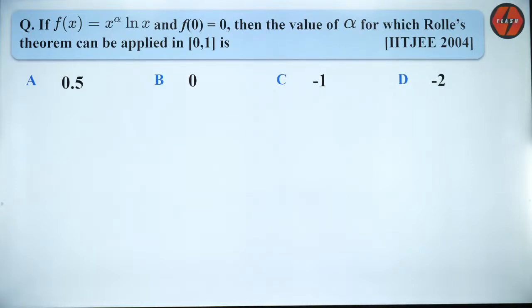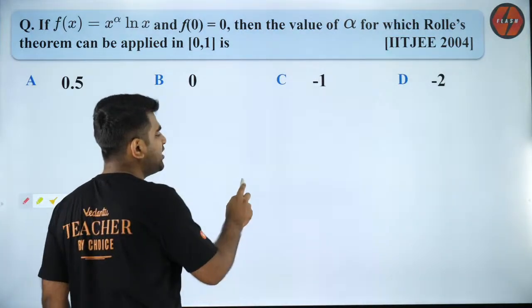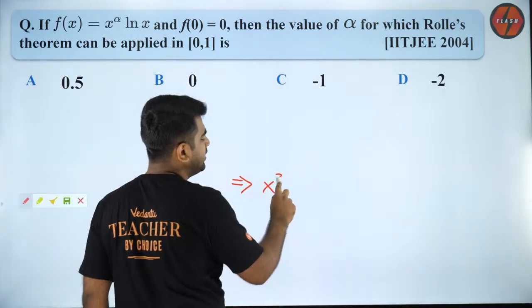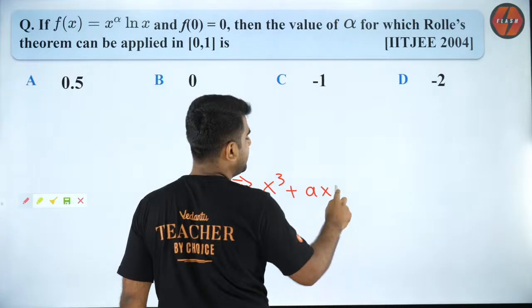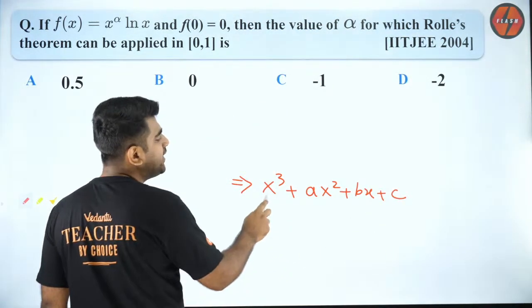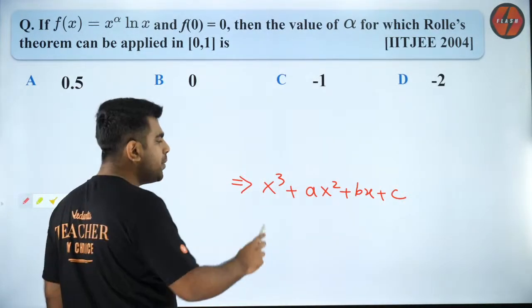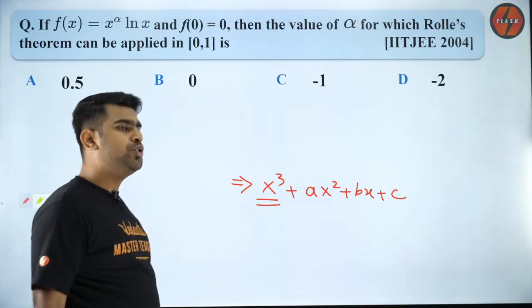Why for odd degree? VSG is asking a very good question. So VSG, if you have a polynomial like this, let's say x cube plus ax square plus bx plus c, and now at infinity, what will dominate? The dominating term is this one, right? Do you agree?